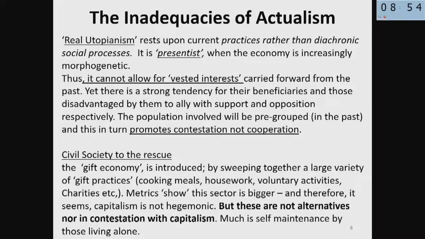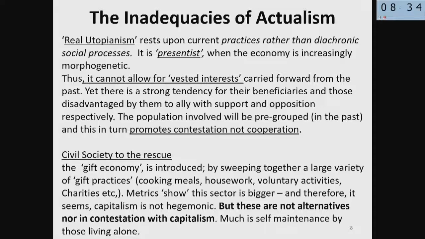Well, real utopianism rests upon current practices and extrapolating from them. I've already said that, I'm just repeating it. It is, in short, presentist. It extrapolates from the present.